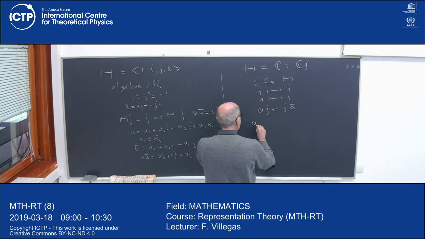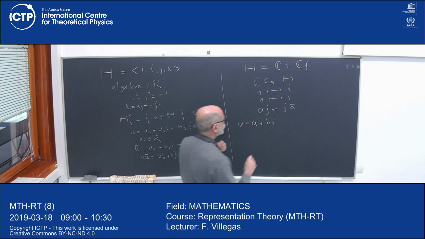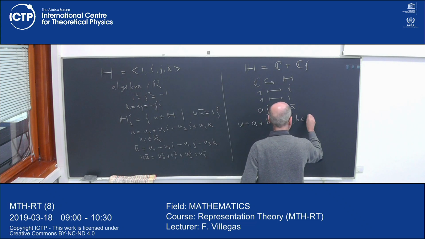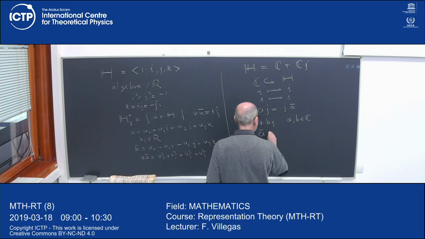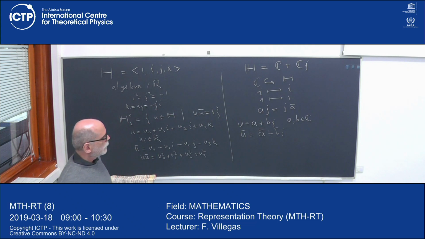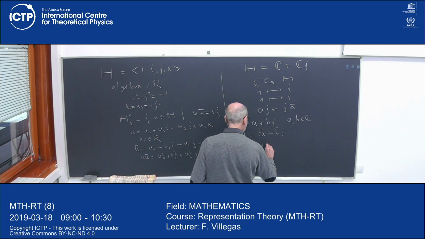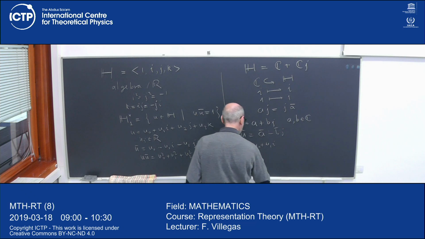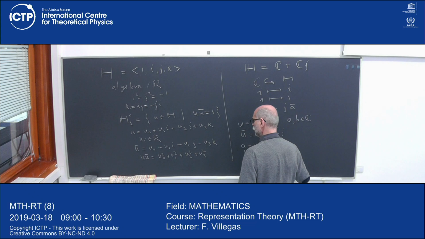So if we have a quaternion of the form a + bj, where a and b are complex numbers, then u conjugate is a conjugate minus b conjugate j. So in this notation, a would be u0 + u1 i, and b is u2 + u3 i.